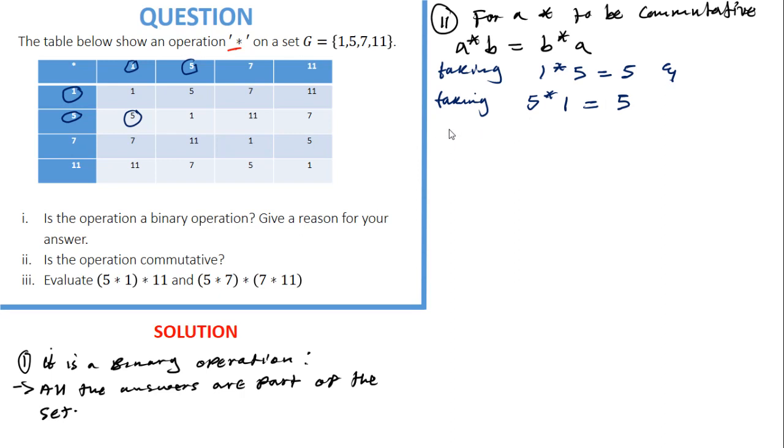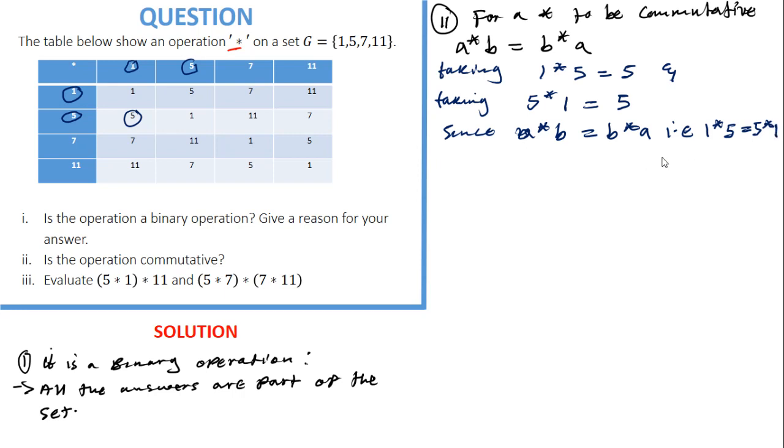That simply means that the binary operation is commutative. So you just simply say, since A star B is equal to B star A, such that 1 star 5 is equal to 5 star 1.